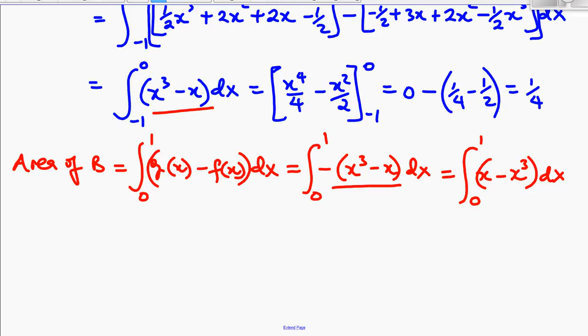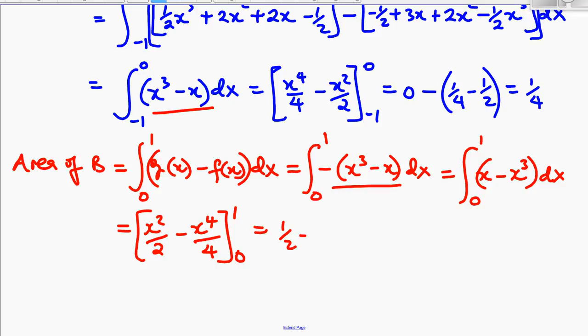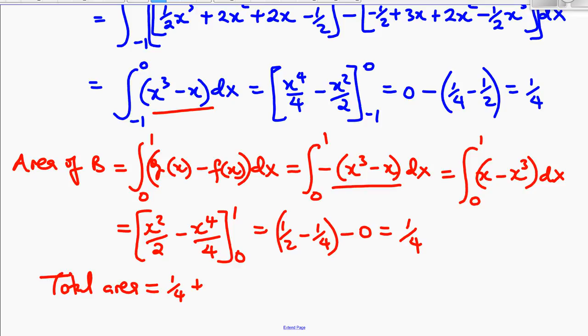If you finish that off, you'll end up with x squared over 2 minus x to the power 4 over 4, from 0 to 1, which will be equal to a half minus a quarter, minus 0, which will just be a quarter. So total area will be a quarter plus a quarter, which is a half.